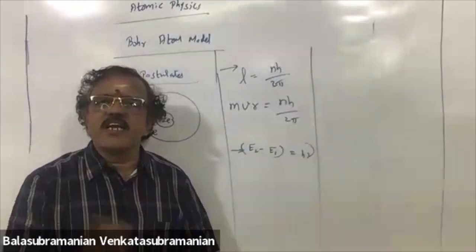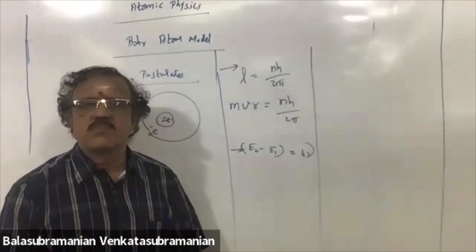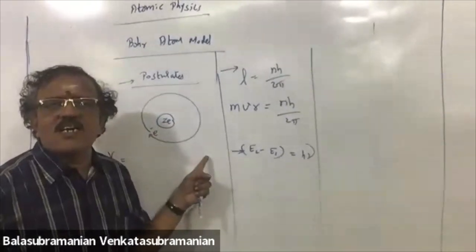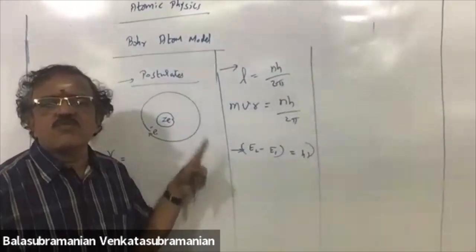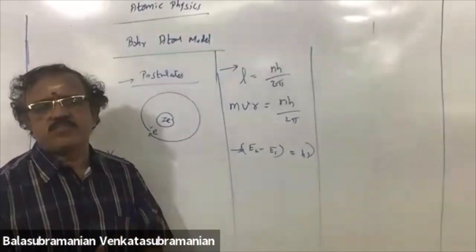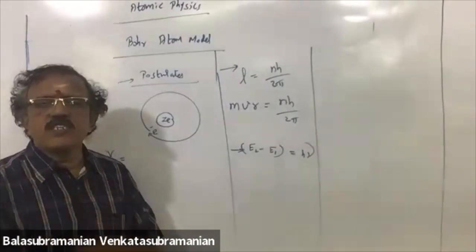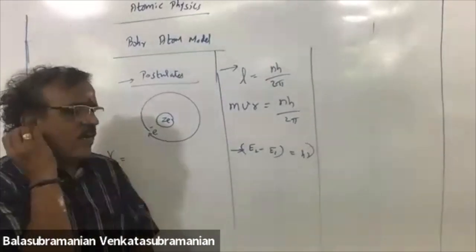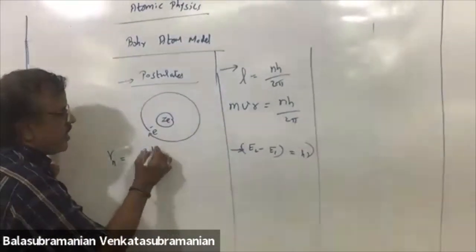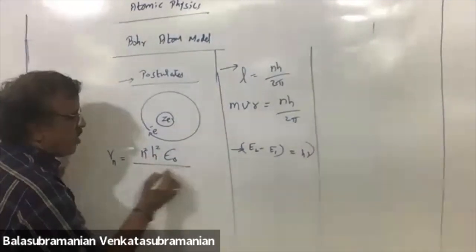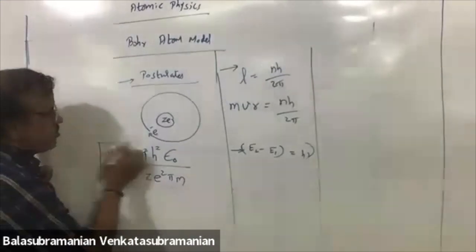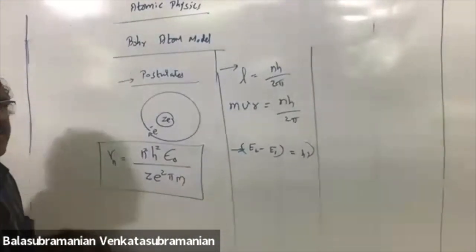Centripetal force. Nucleus is having positive charge, electron is having negative charge. So two charged particles, Coulomb force, he equated. Using these two, he found out the value of radius: n square h square epsilon naught by pi Z e square m. This is the expression for radius.